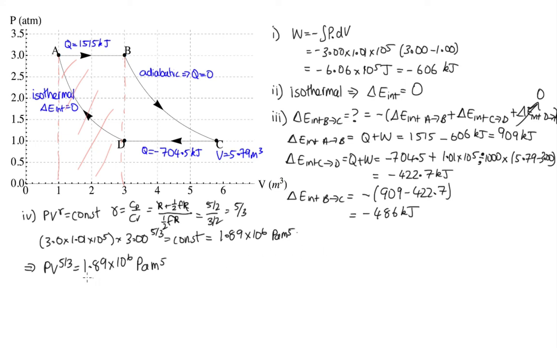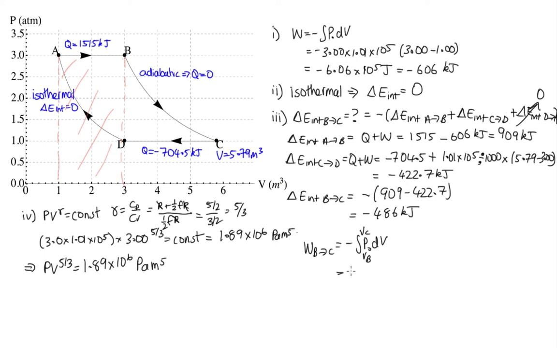So the work from B to C is equal to minus the integral of P dot dV, going from VB to VC, and P here is equal to this divided by V to the 5 on 3.